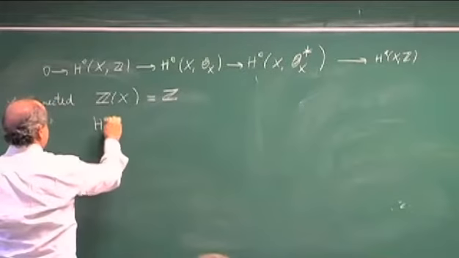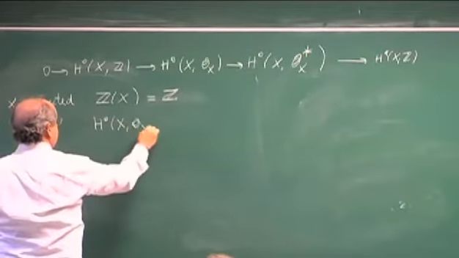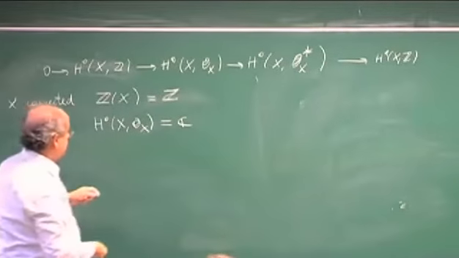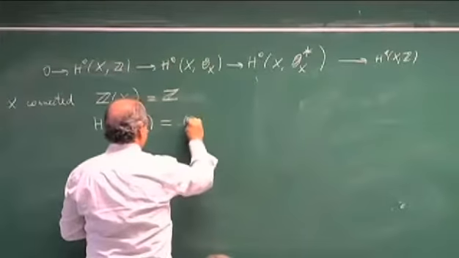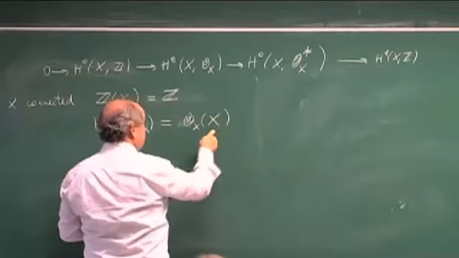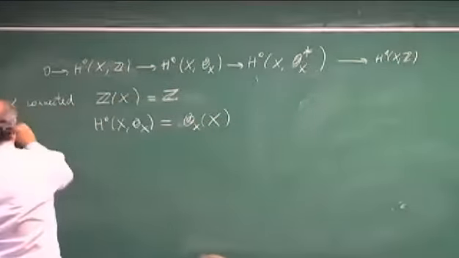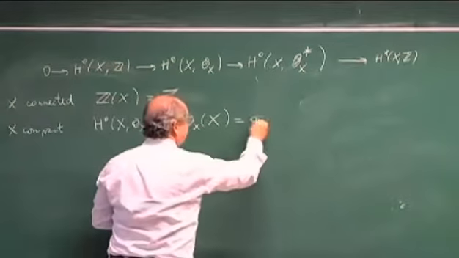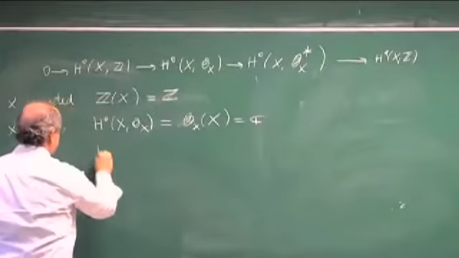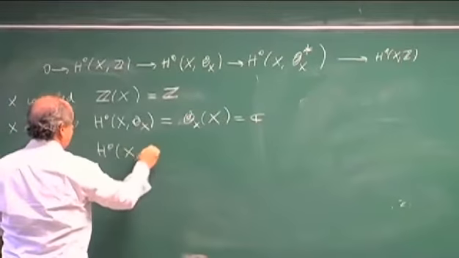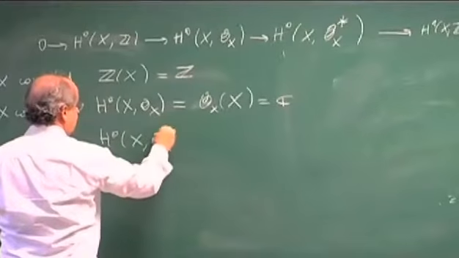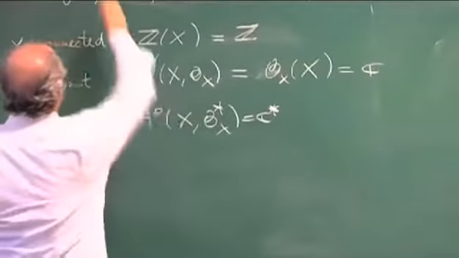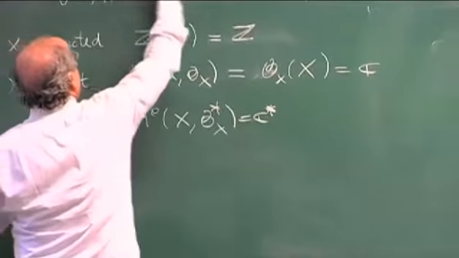In the same way, this is C, because this is the holomorphic functions on the whole space. And if this is not only connected, but also compact, this is C. In the same way, if we consider non-vanishing functions, this will be C star. The upshot of this is that this exact sequence is this one.